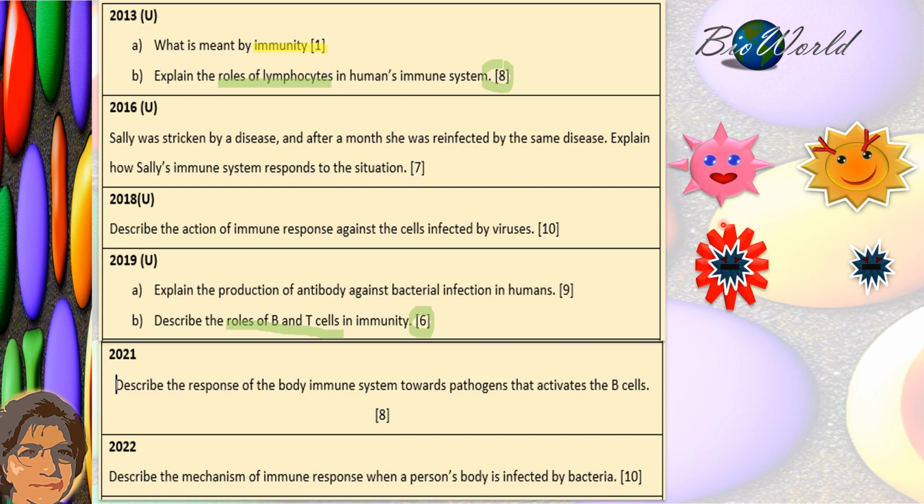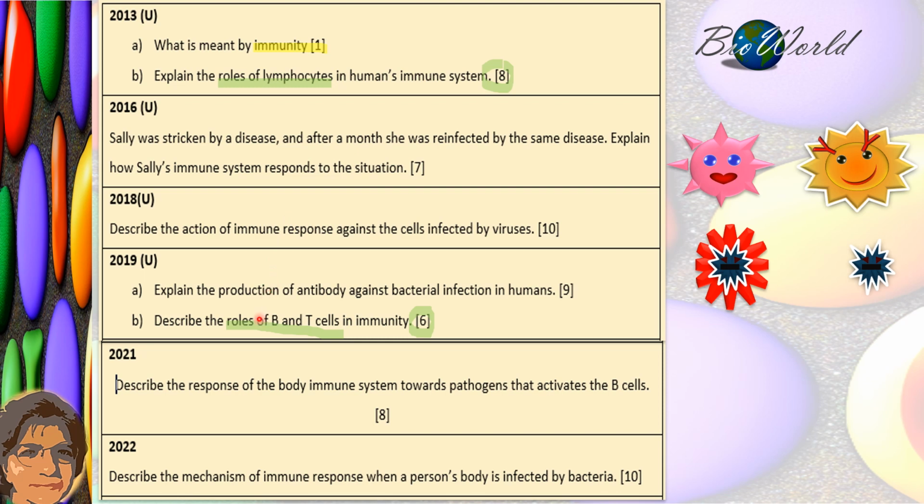Their surface proteins are also MHC, just like B cells, but these are MHC class 1 proteins. Okay, so this is a brief introduction to the structure and function of the lymphocytes. And you can see the roles of these cells have been tested in 2013 repeat and 2019 repeat.